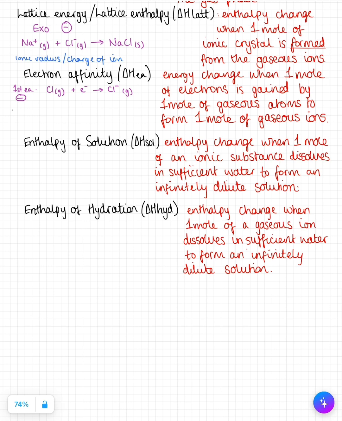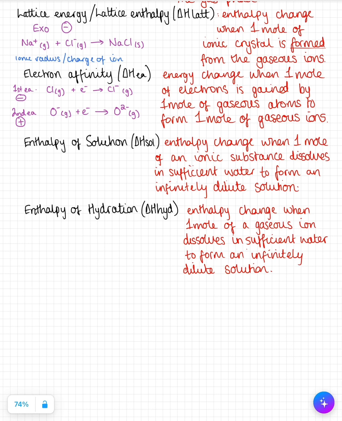However, often with second electron affinities, for example, if we have the O- ion and we are gaining an electron to form the oxide O2- ion in its gaseous state, this is an endothermic process, meaning this second electron affinity is positive.